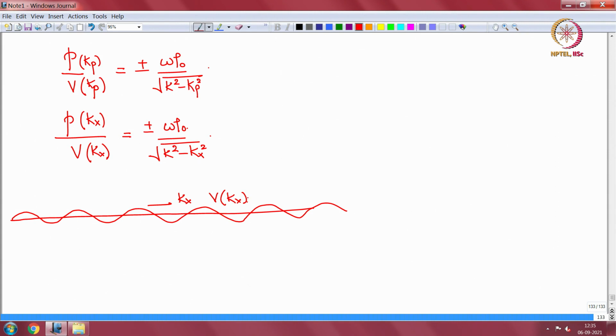Then I immediately know the pressure related to that wave number, which is plus minus omega rho 0 by square root of k square minus kx square into v of kx.